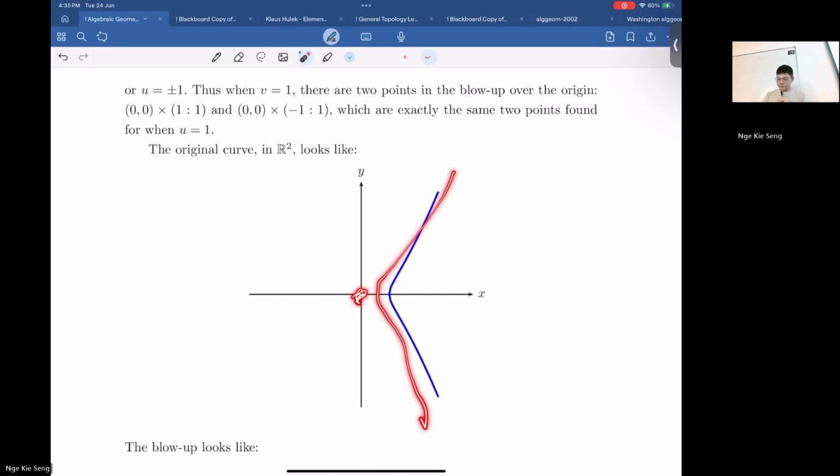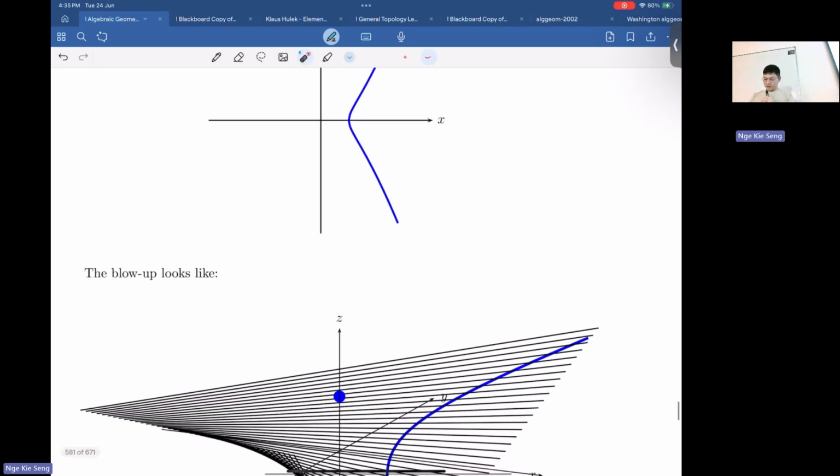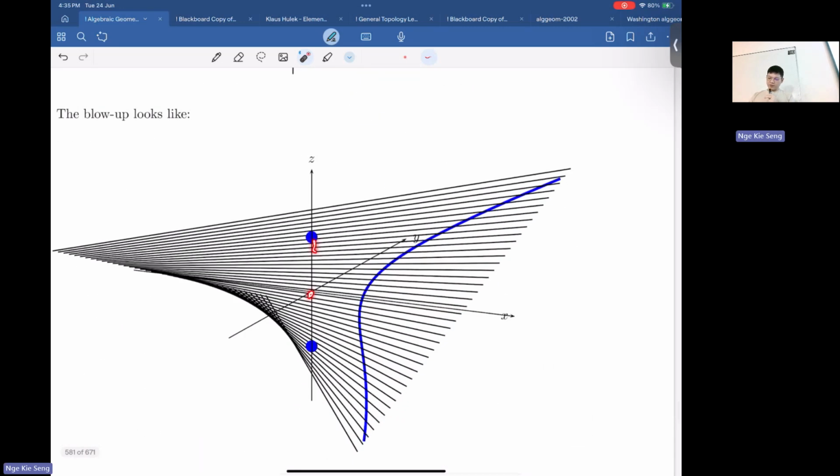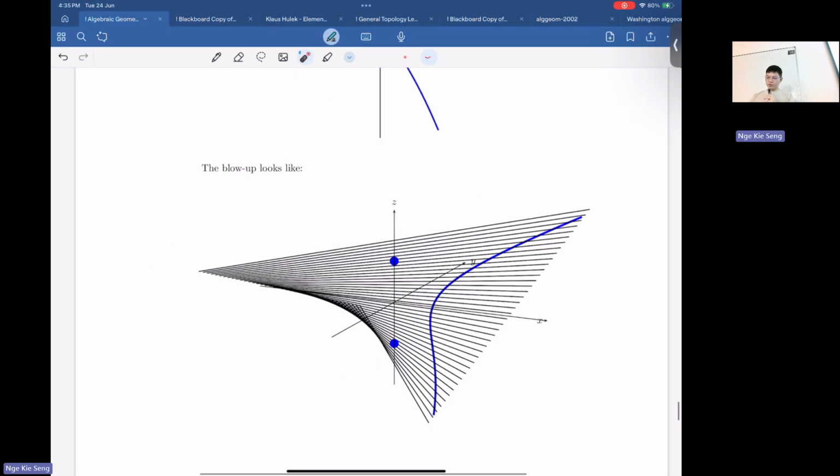And then after the blow up, what do you think? This one is a bit hard to imagine. Actually, this point gets split into two points after blowing up. You do the calculation, and you will see two preimages here.